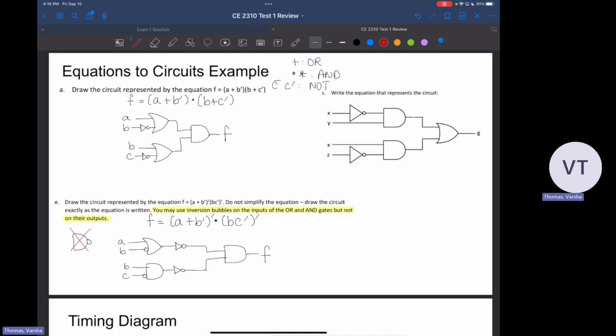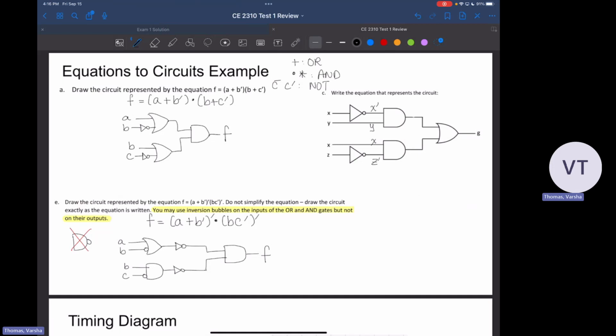All right, so moving on to our last example on here. When you're given a circuit and asked to write an equation, work from left to right to transform each input. So starting from your input x here, when x goes through a NOT gate, it becomes x naught. I'm just going to write y over here so I can see what it looks like at the AND gate. You've got x here, and then you've got z naught.